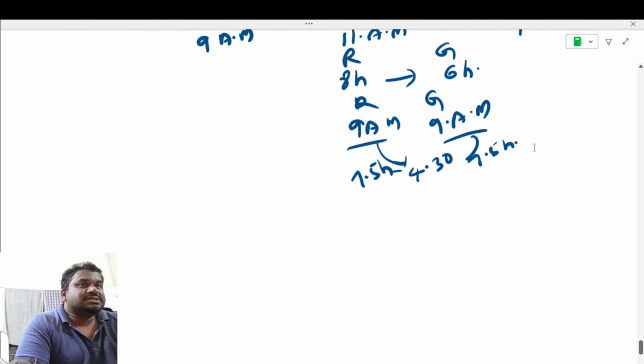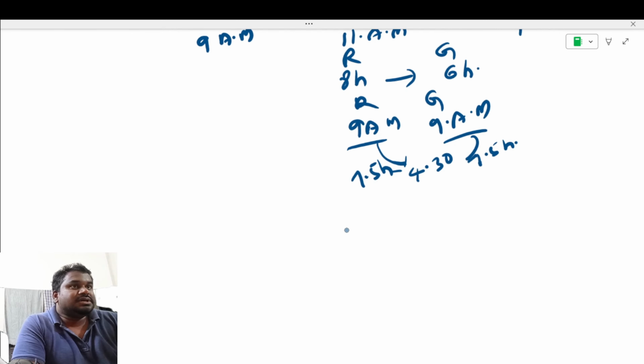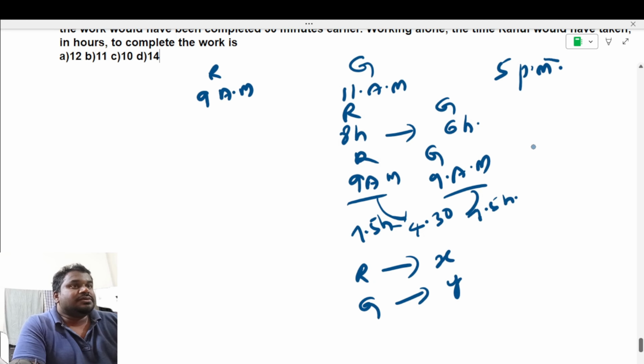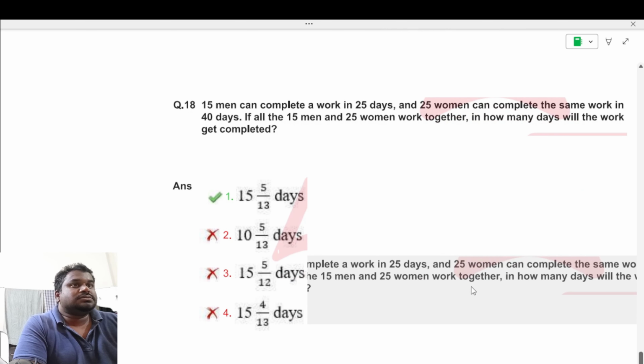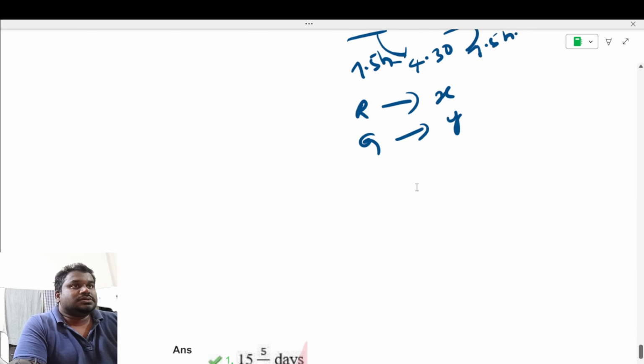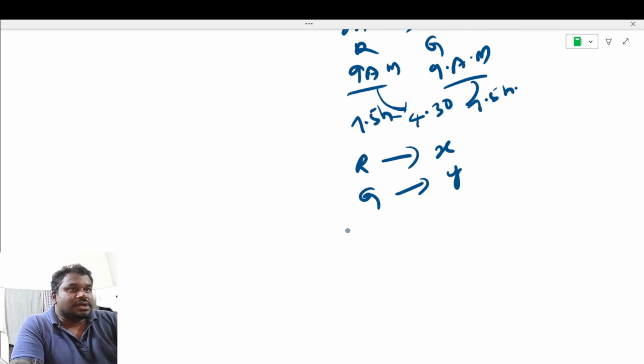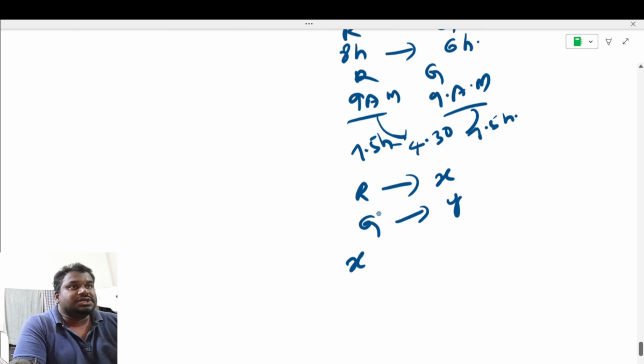In one case, Rahul worked 8 hours. Suppose I assume Rahul's efficiency as X and Gautam's efficiency as Y. Then what I'll do, I'll use Rahul's efficiency into how many hours he worked initially.